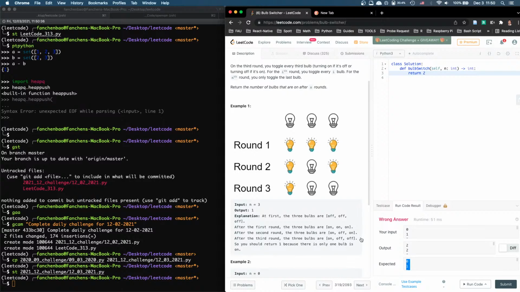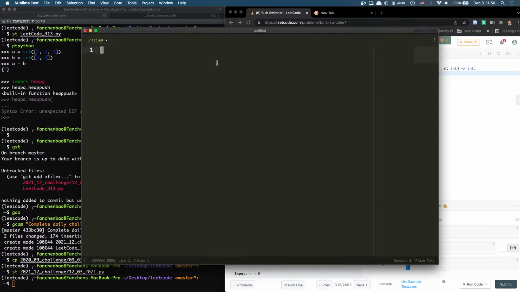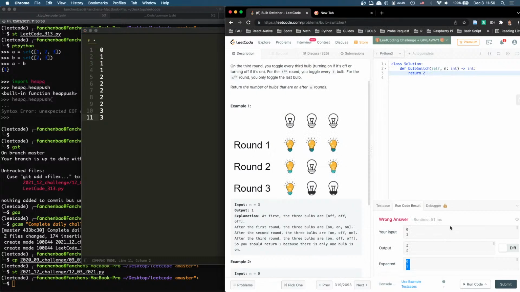Copy this whole thing, and I need a new one just to see. All right, so 0, 1, 1, 1, 2, 2, 2, 2, 3, and a 3. 10 is 3? How is 10 3? Oh, 2, 5, 10.